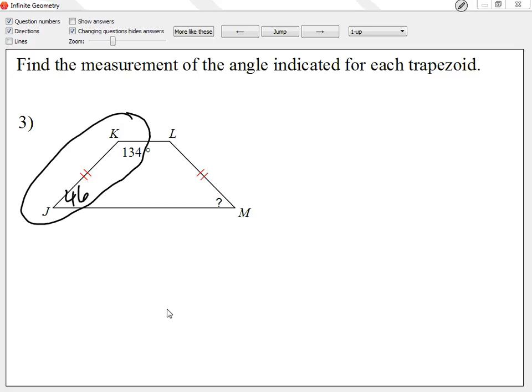Since the trapezoid is isosceles, the 2 legs are the same, so the angles on the left repeat on the angles on the right. That should give you your answer for the angle M. Any questions for the first 4?